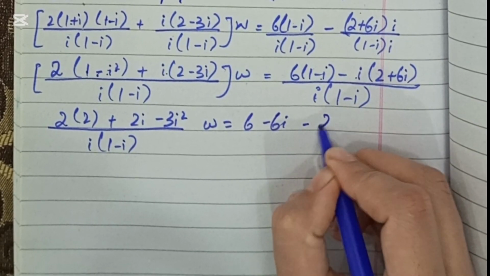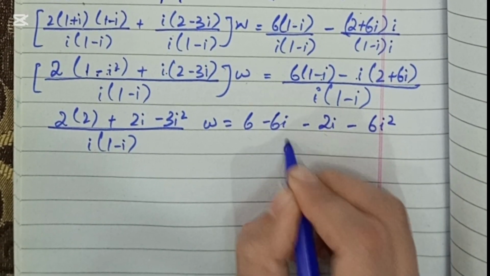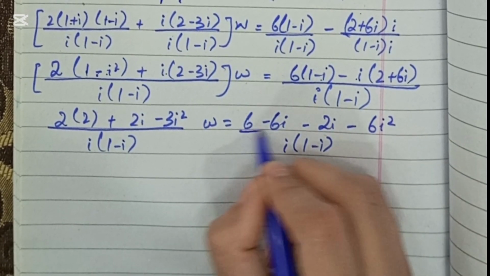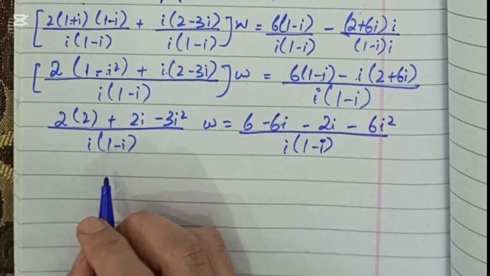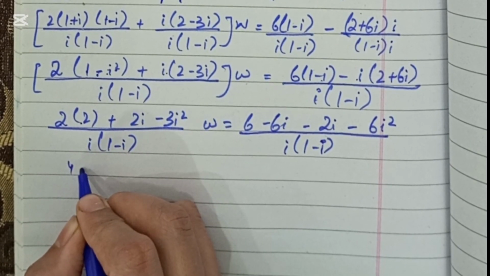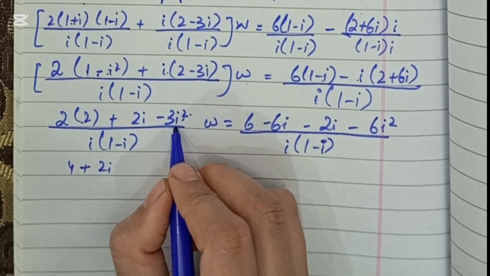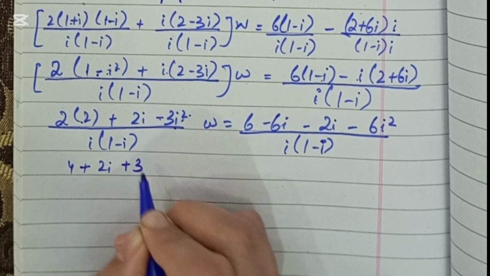Multiply iota inside. In the denominator it is this. 2 into 2 is 4 plus 2 iota. Iota square is minus, minus minus is plus 3.